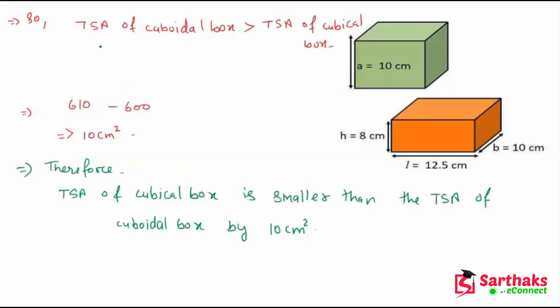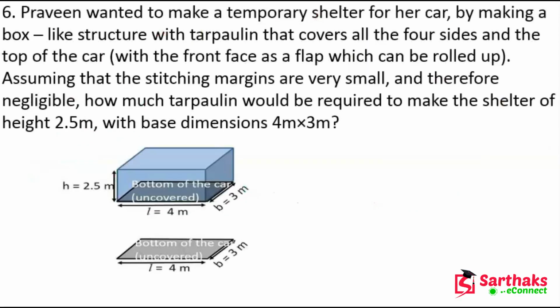Okay, I hope you get this point. Yes, so now my dear friends, the next question is: Praveen wanted to make a temporary shelter for her car by making a box-like structure with tarpaulin that covers all the four sides and the top of the car, with the front face as a flap which can be rolled up.